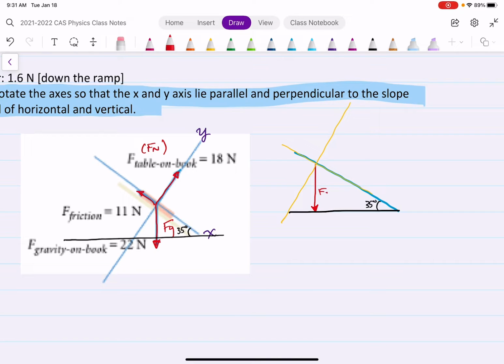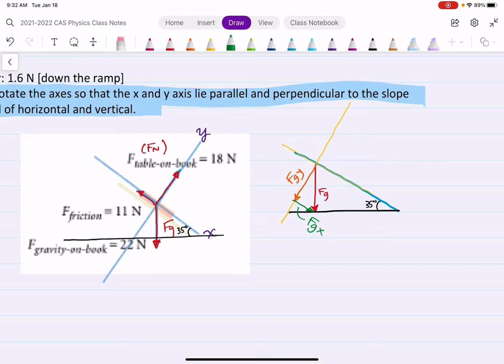This is the force of gravity acting straight down, and what I can do is make my y component parallel to the y-axis. So this becomes FGY, and then my x component is this, parallel to the x-axis, and this is FGX.